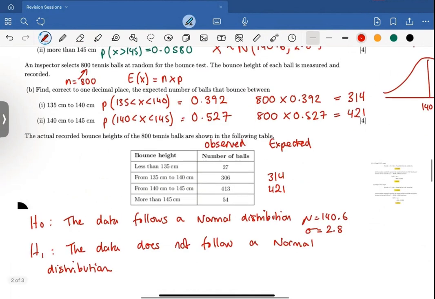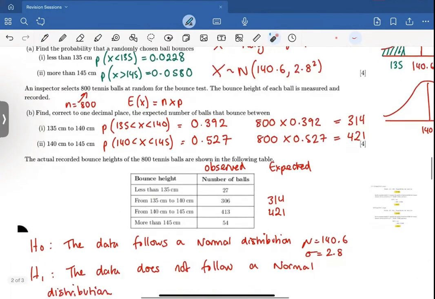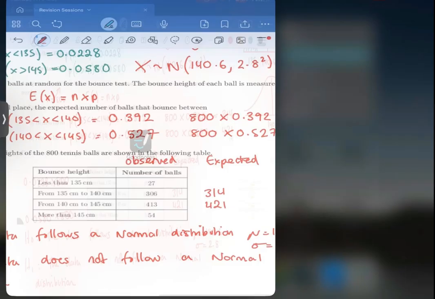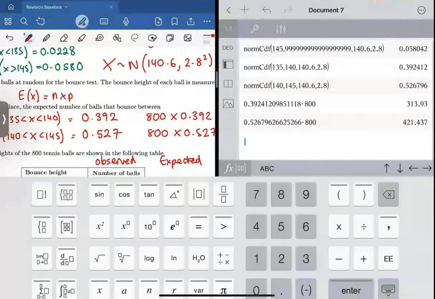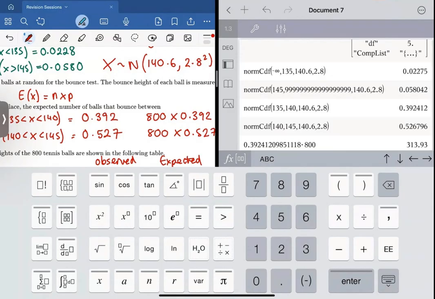But the good news is that we also did something with this earlier. So we worked out that the probability of it being less than 135 was 0.0228. So for our expected value, we need to do 0.0228 multiplied by that 800 again. And for our more than 145, take that 0.0580 and multiply that by 800. So let's add those last two values into our expected column. Okay, and I've still got them up here saved on my calculator somewhere, so I might as well use them.